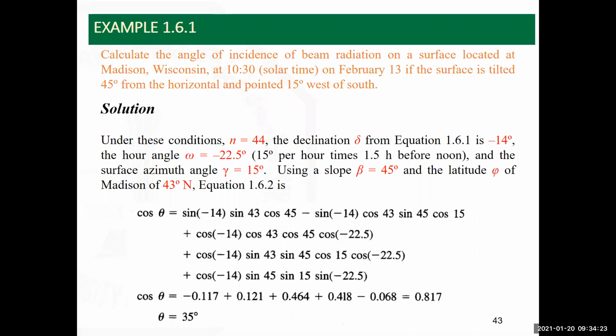Or I may need to know how this value is changing if I need to make a tracking surface, which is a surface that changes its direction artificially using a motor so that it always stays normal to the radiation falling from the sun as the time changes.